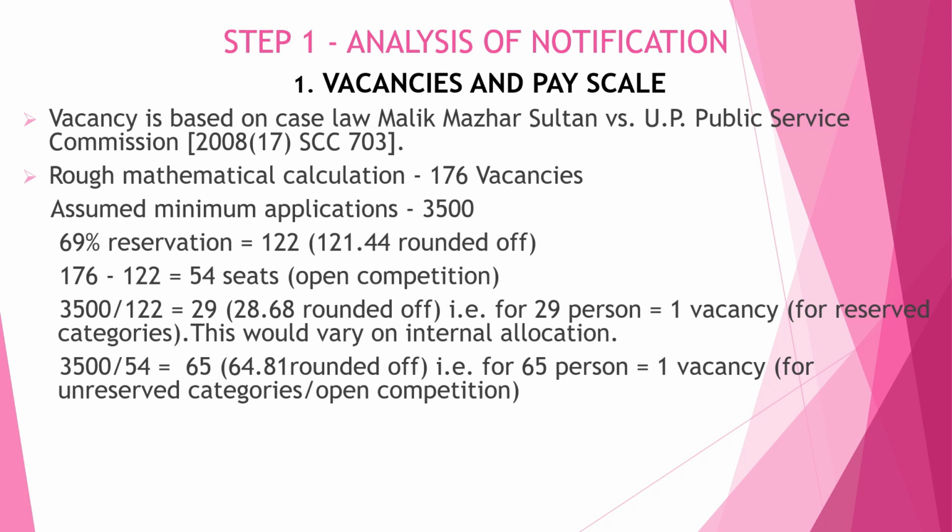And in case of open category, it is 3,500 divided by 54, which is 65. That is, for 65 applicants, there is one seat. So, you have to contest with 65 for obtaining a vacancy if you are falling under open competition, and if you are falling under reserved category, you should compete with 29 for one vacancy.